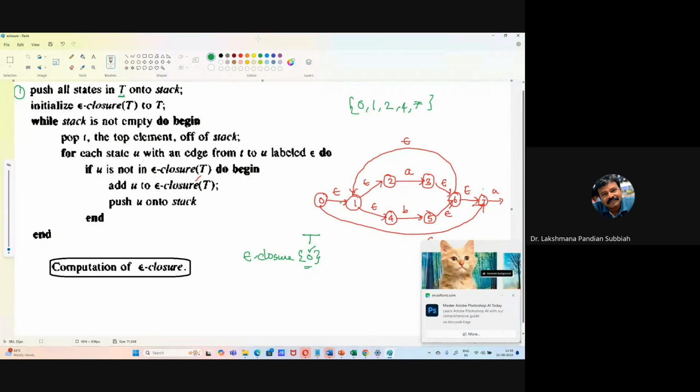Here T currently has only 0. So the first step is to push T onto the stack. Take one stack. In the stack we currently have 0.